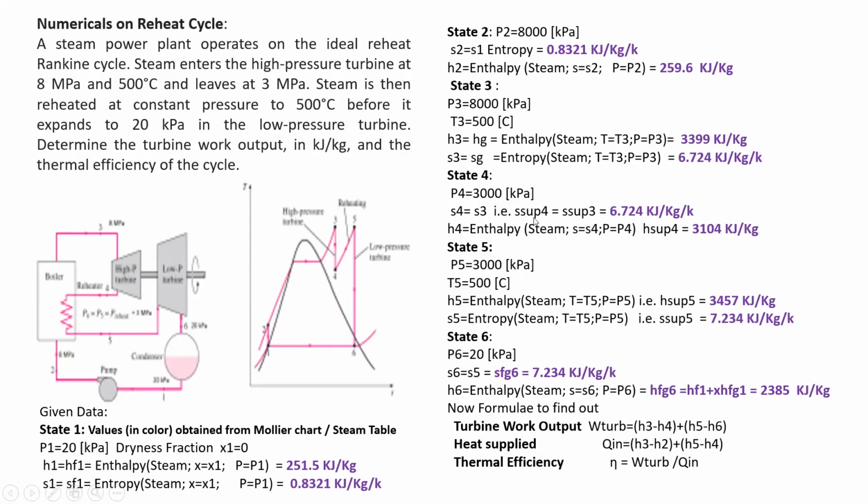At 3 megapascal, you get the value of S3 from the steam table, and therefore S3 is equal to S4, which can be obtained from the steam table with the help of S3, that is 6.724.